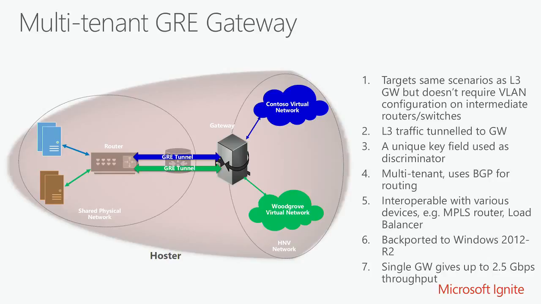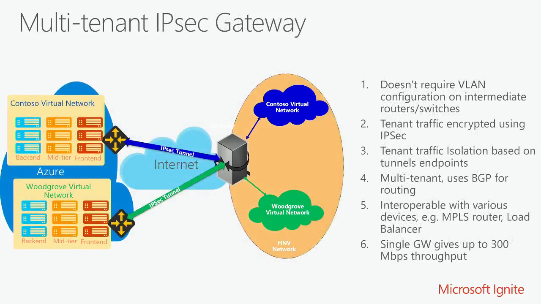The third option is the IPsec gateway. The IPsec gateway is what's currently available in Azure Stack TP2, and normally this is for connecting to Azure. Like initially I talked about how Azure Stack tenants can talk to their respective VNets in Azure.